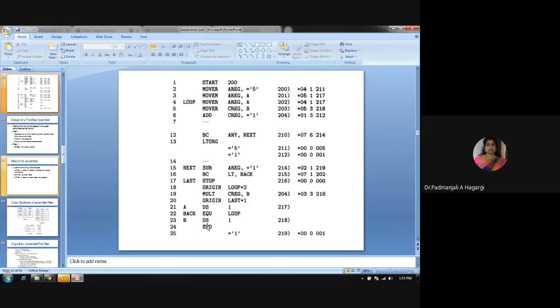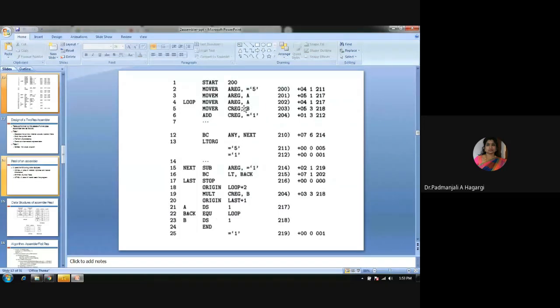The identifiers here are A and B. A is pushed to the symbol table with its identification as 1, and when A is found again, it cannot be pushed to the symbol table because A is already there with identification 1.